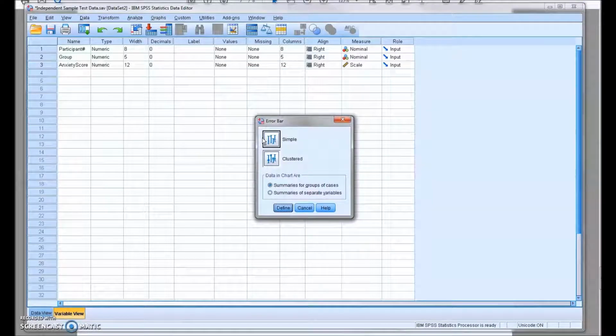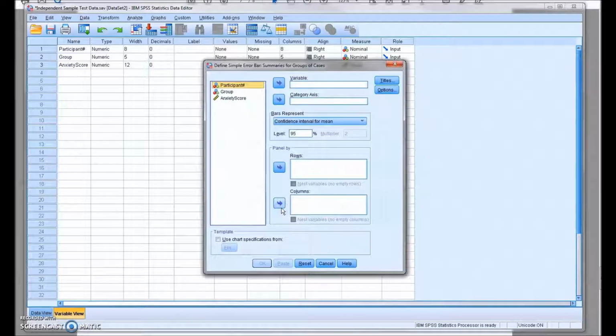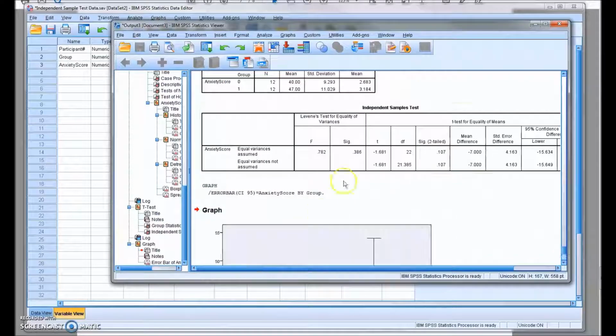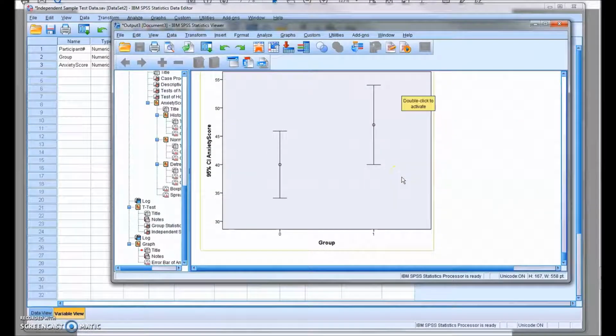I click Error Bars, and I want Simple here, and I want Summaries for groups of cases. So I do that. I have 95% for my variable and category axis. I put those in and I press OK, and I get my error graphs.